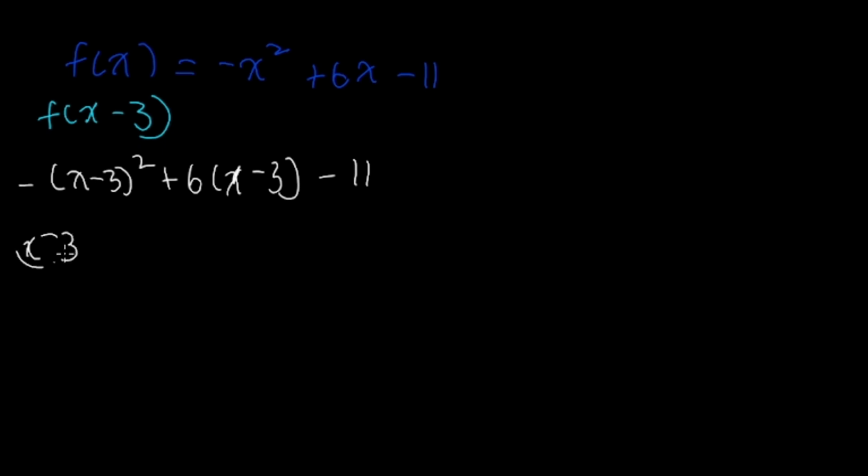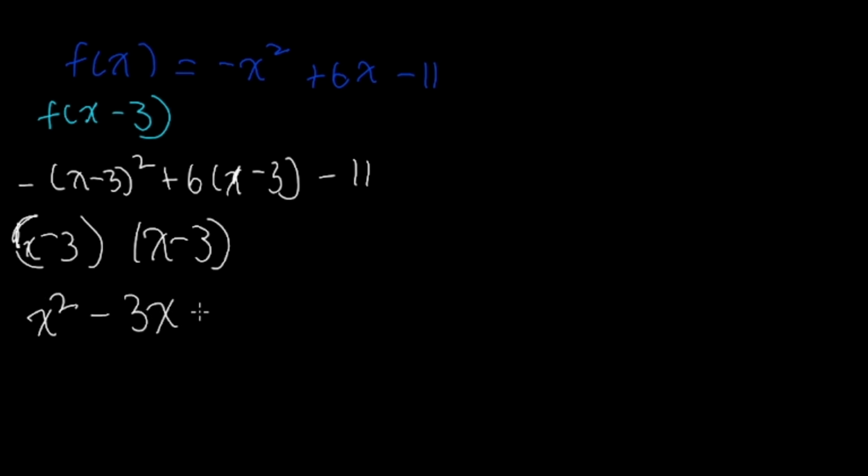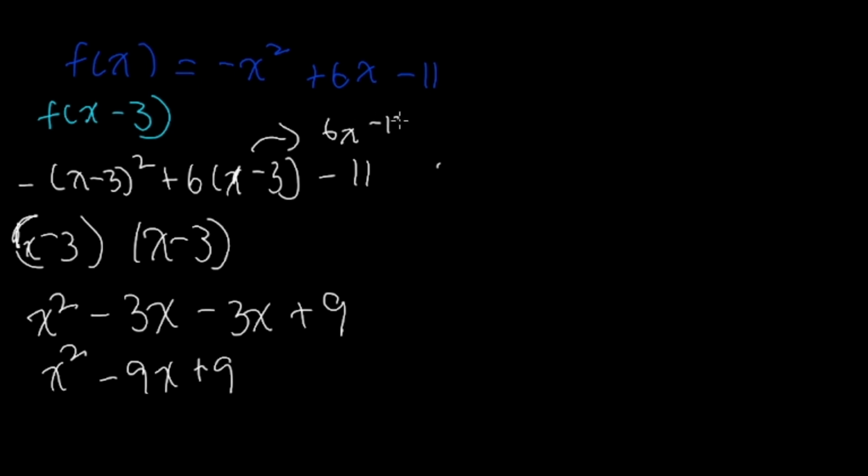x minus 3, and that's x minus 3 times x minus 3. You get x squared minus 3x minus 3x plus 9. That's x squared minus 9x plus 9. Now we expand this and we would get 6x minus 18.